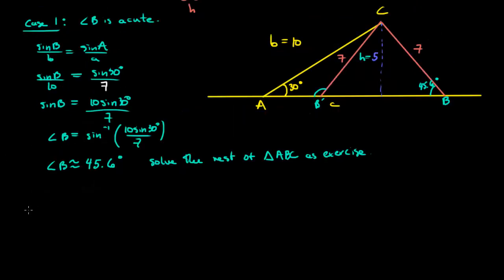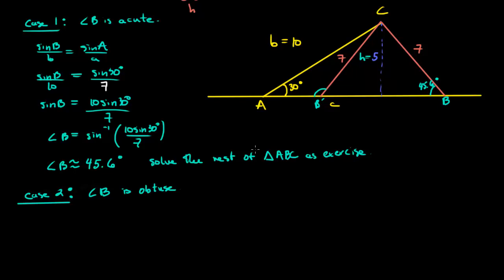Now, case 2. Case 2 is where angle B is obtuse. And the question is, how do we get angle B?